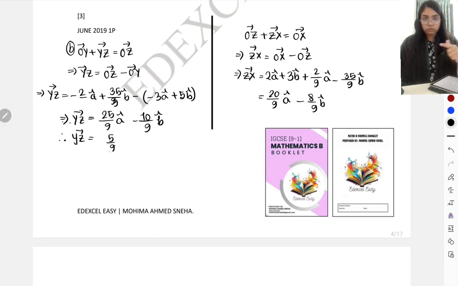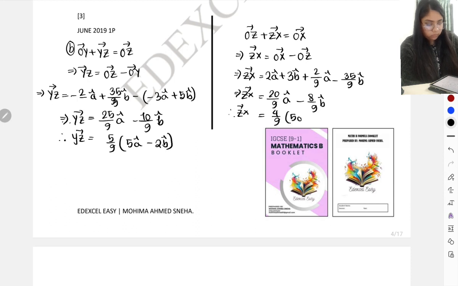So I can write 5 by 9, and that would be 5a minus 2b. And again, for ZX, I can take 4 by 9, which is going to be 5a minus 2b.